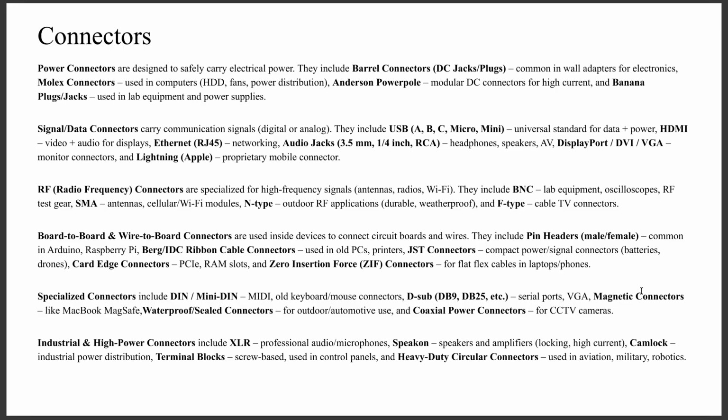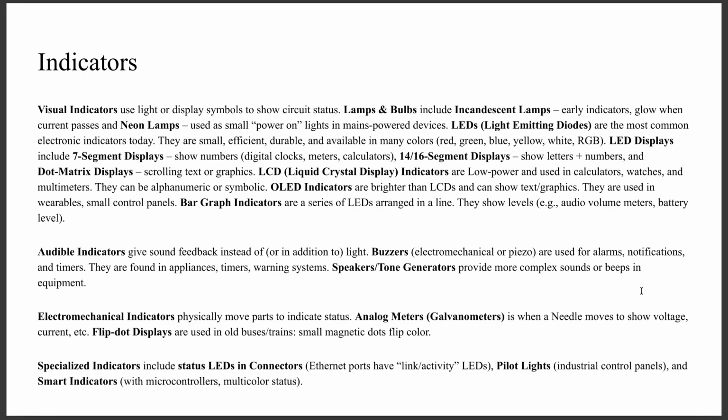Industrial and high power connectors include XLR, Speakon, Camlock, terminal blocks, and heavy-duty circular connectors. Indicators. Visual indicators use light or displays to show circuit status. Lamps and bulbs include incandescent lamps, neon lamps, LEDs, and LED displays.